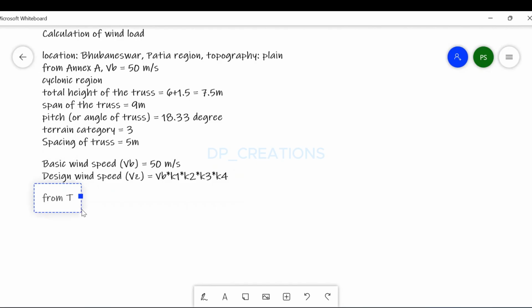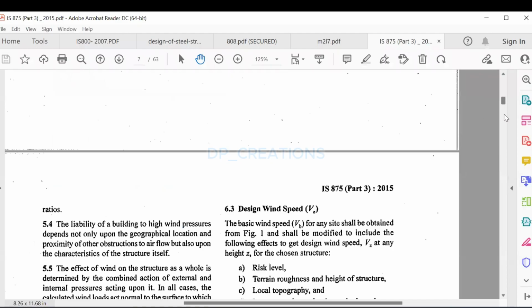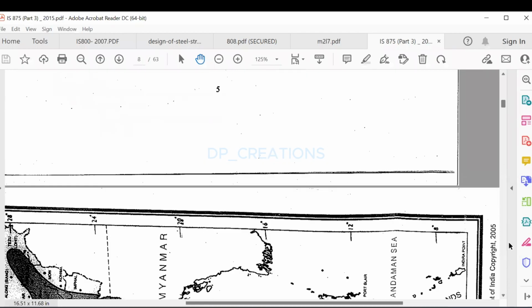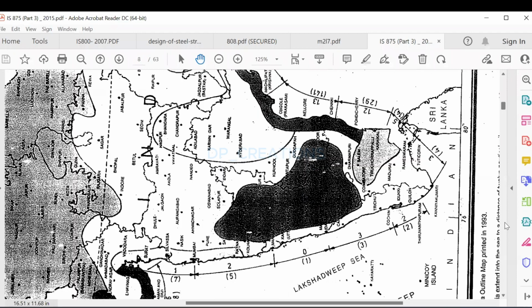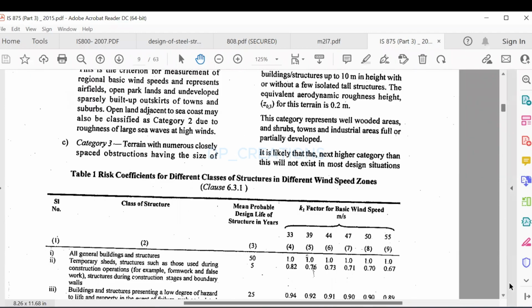Table 1 of IS 875 2015. So let's see. Table 1.